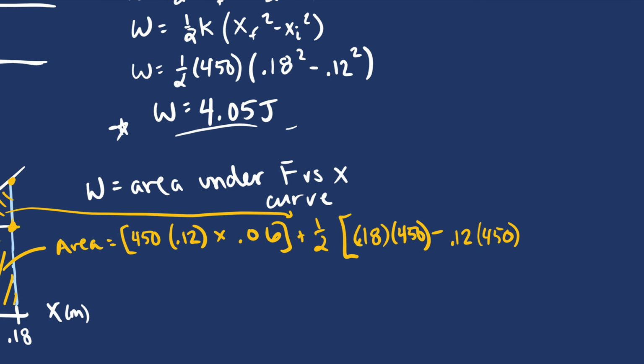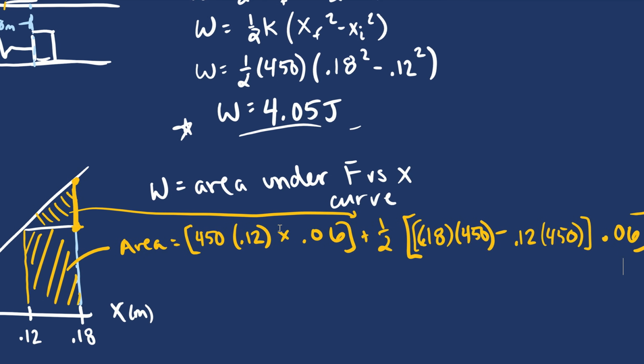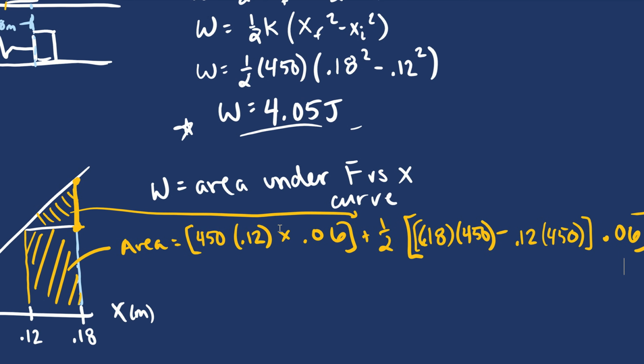So that's our height here. And we said 1/2 because we know it's a triangle. So that's our height, and then this we're going to multiply by 0.06, because that's the width of this triangle. And when you calculate that out, it is again going to equal 4.05 joules.